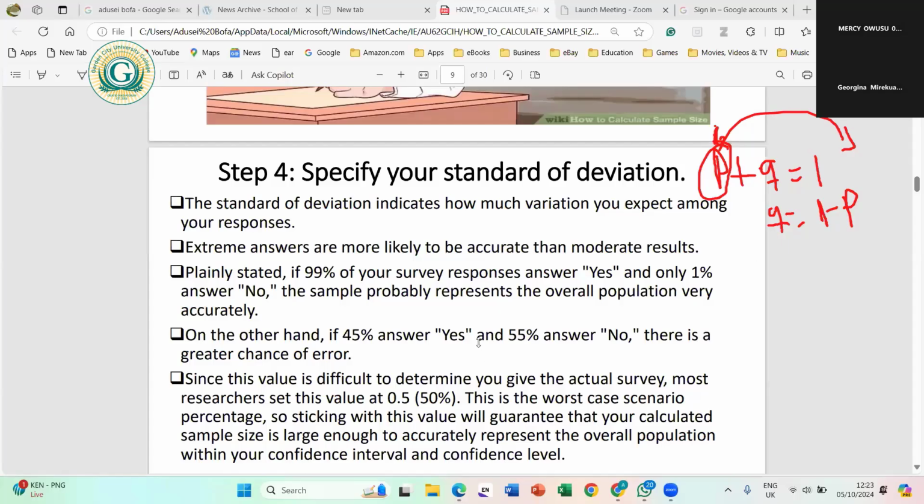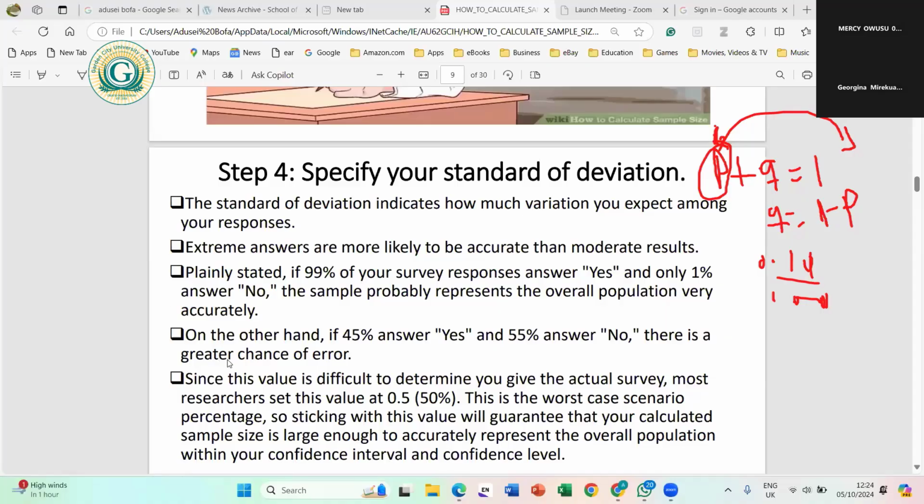That means your likelihood of making an error is just 10%. So the margin of error is going to be 0.1, because 10% is 10 over 100. This will cancel that, and this one will bring the point here, and that will give us 0.1.